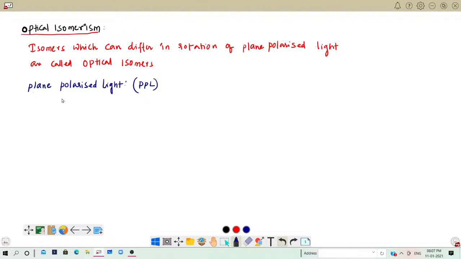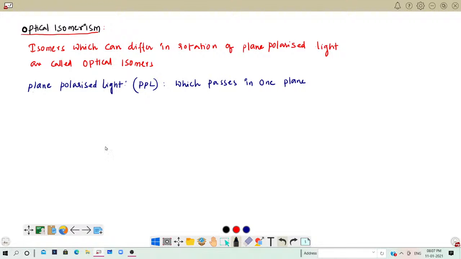So the light which passes in one plane is called plane polarized light.